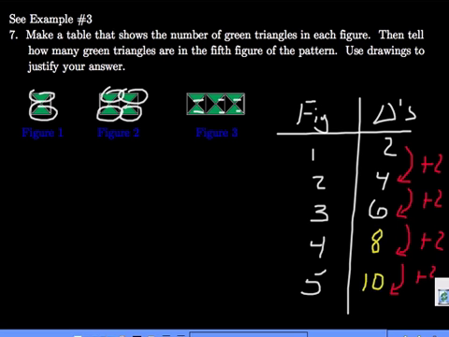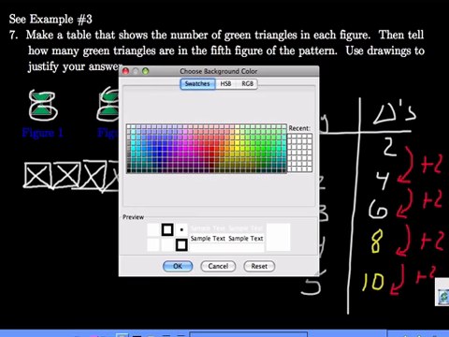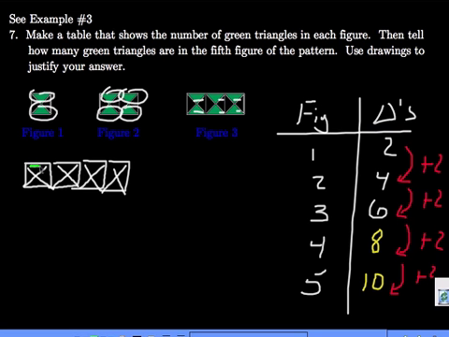Now let's test our theory through drawings like it says for us to do. So figure 4 would have 4 boxes, and that would be green, that.